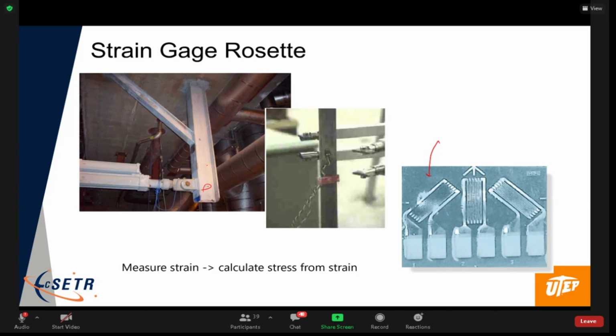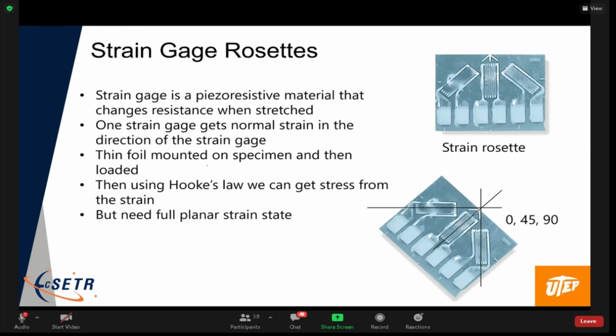I think I have some different ones. They come in a variety of orientations. For example, this one shown here would be called a 0-45-90 strain gauge rosette. The reason is that if we rotate it 45 degrees into this orientation, we can measure strain along the 0 axis, strain along the 90-degree axis, and then the strain along a 45-degree axis.